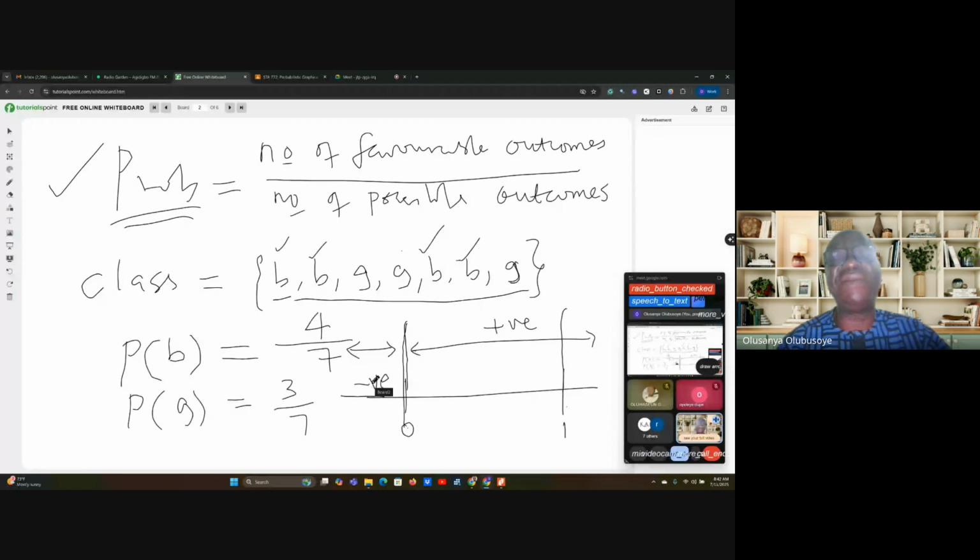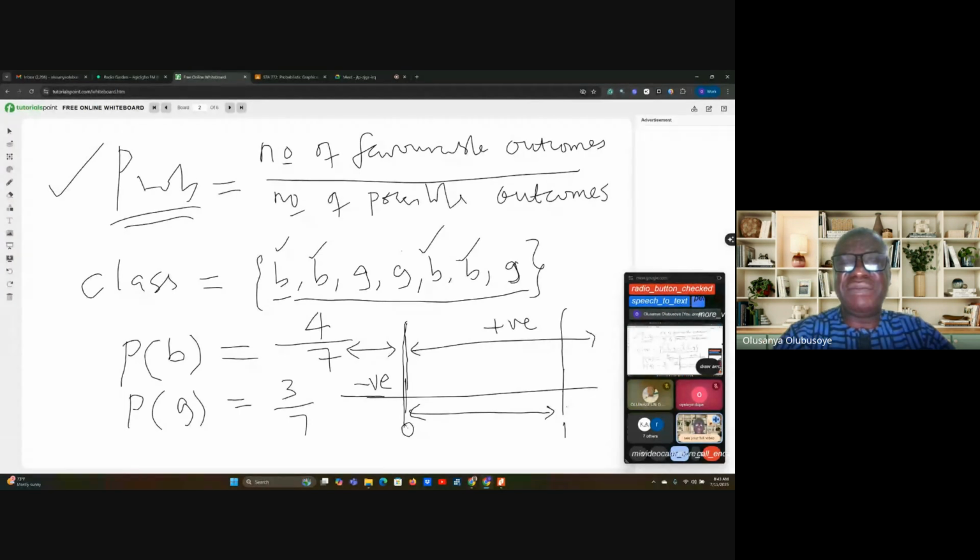So you can't have minus 0 point something as a probability. It can never be less than 0. The other thing is that it must be positive, but it can never be greater than 1. So probability lies between 0 and 1.